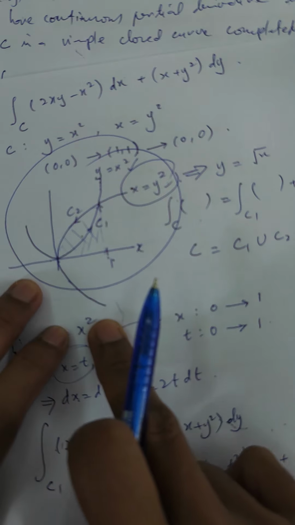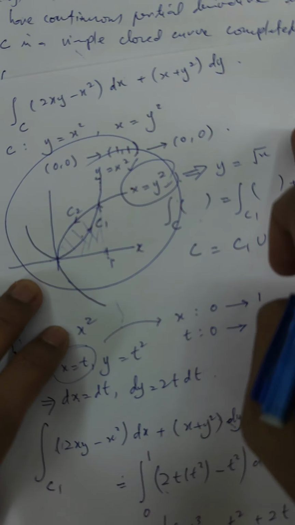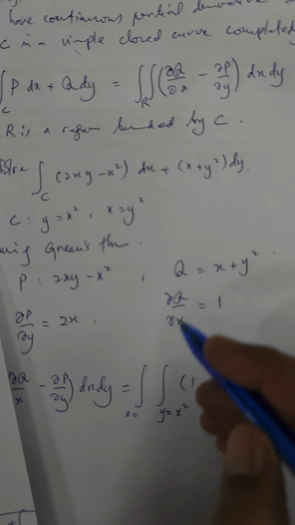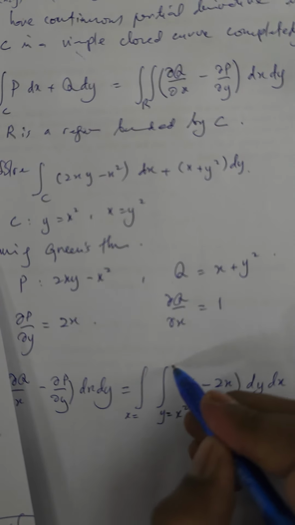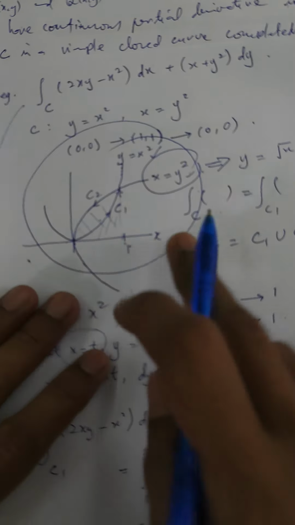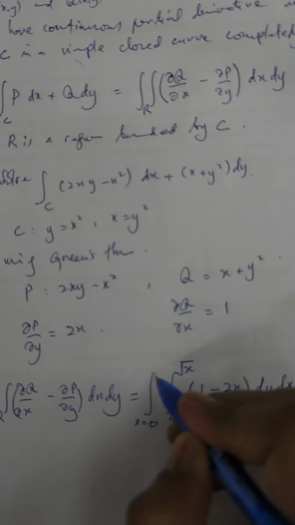The negative part is this one, so we don't take the negative into account. So y goes from x squared to the square root of x, and x from 0 to 1.